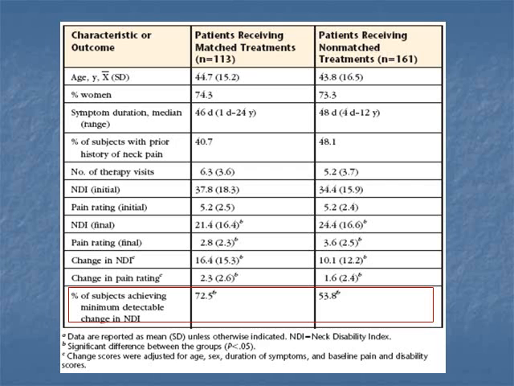Here are the characteristics between the patients receiving matched treatments versus those not receiving matched treatments. They had similar age, in their mid-40s. 70% of these individuals were women. They had similar onset and duration of symptoms. They started with similar disability and pain ratings.